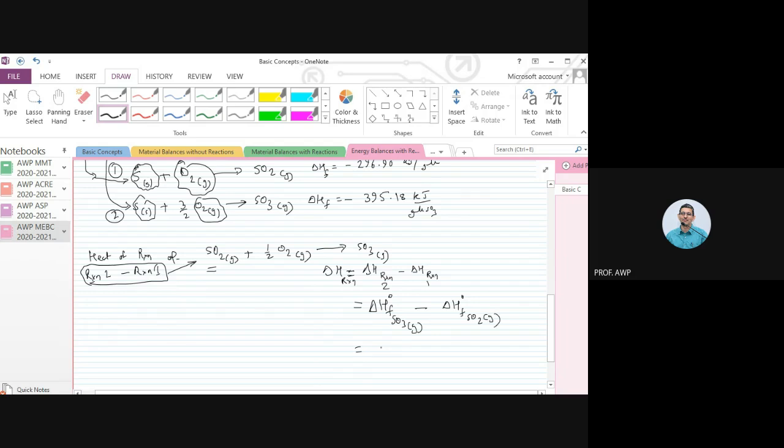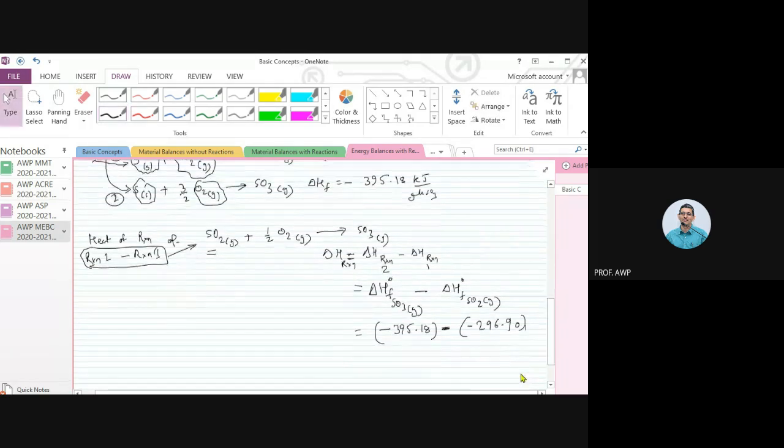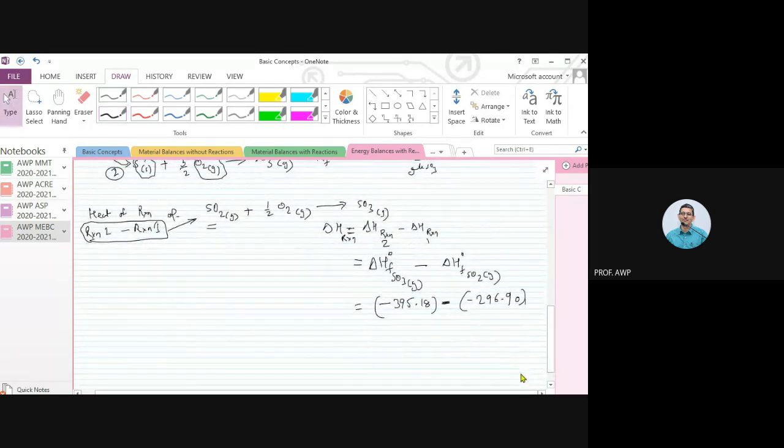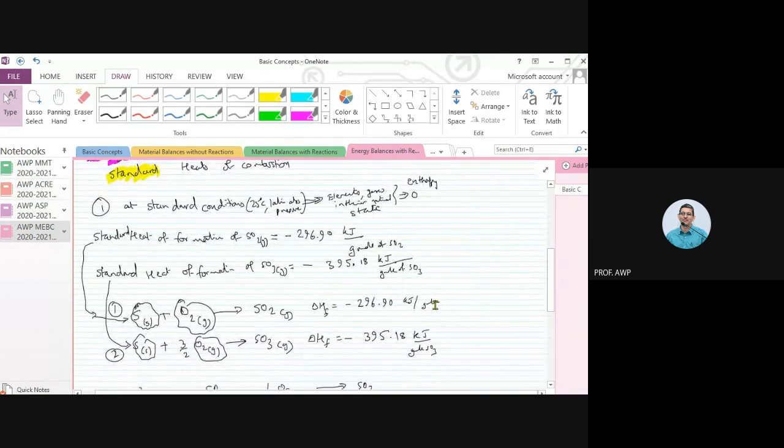So this is nothing but minus 395.18 minus 296.90. All right, do you agree with that? You can actually find the value. Don't worry about what the value is. So this is how we would use the standard heats of formation.